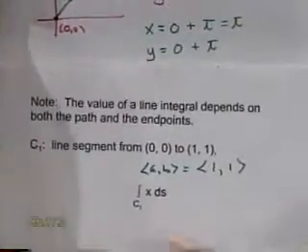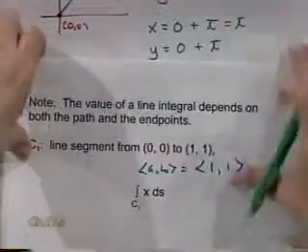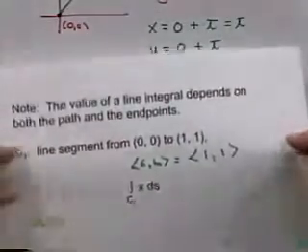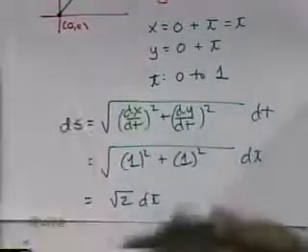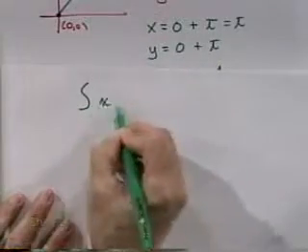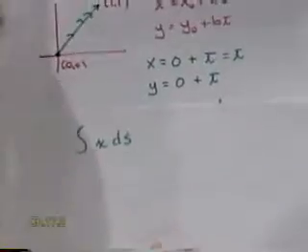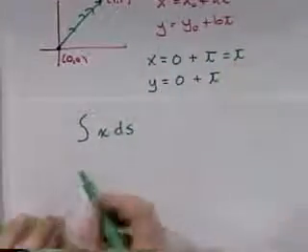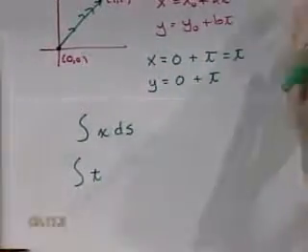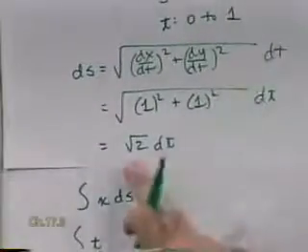Okay, now doing our integration here, they want us to figure out, in fact, why don't I just copy it over here, the integral of x ds. All right, and x is t. And ds is the square root of 2 dt.